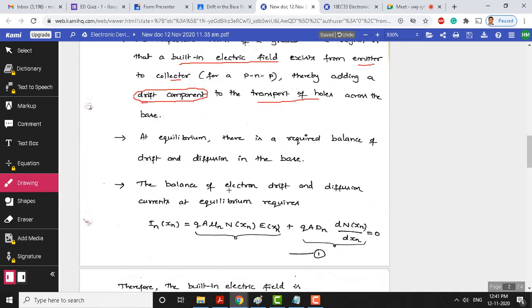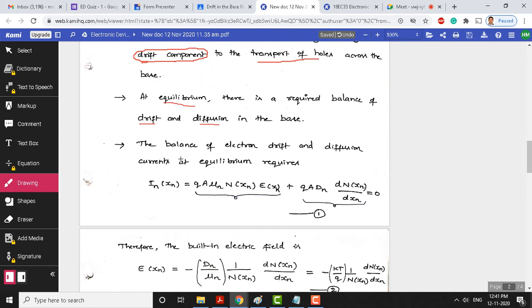If you look at the equilibrium condition, equilibrium means the charge transport due to the drift mechanism and the diffusion mechanism get balanced, and the total current becomes 0. These current expressions are rewritten here for your reference. The balanced current due to the drift and diffusion process at equilibrium condition is given by this.